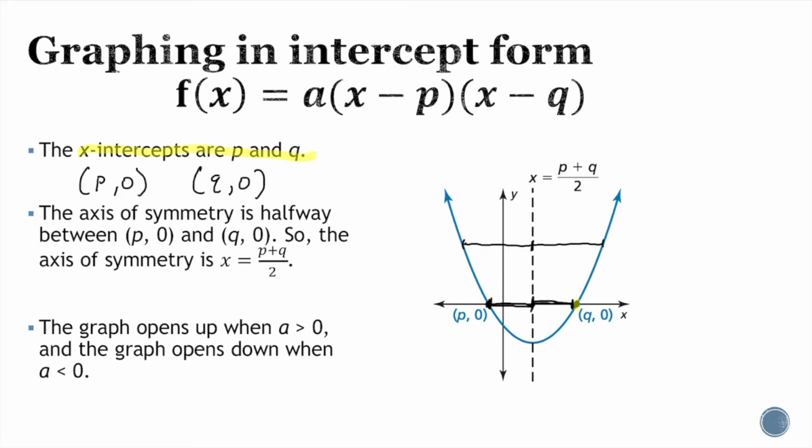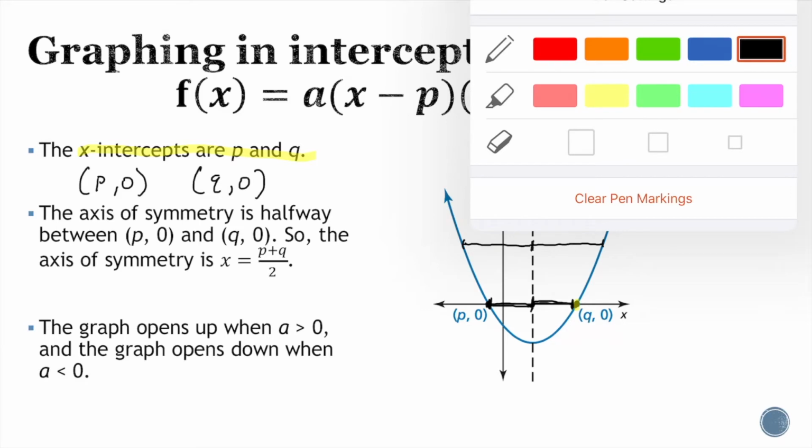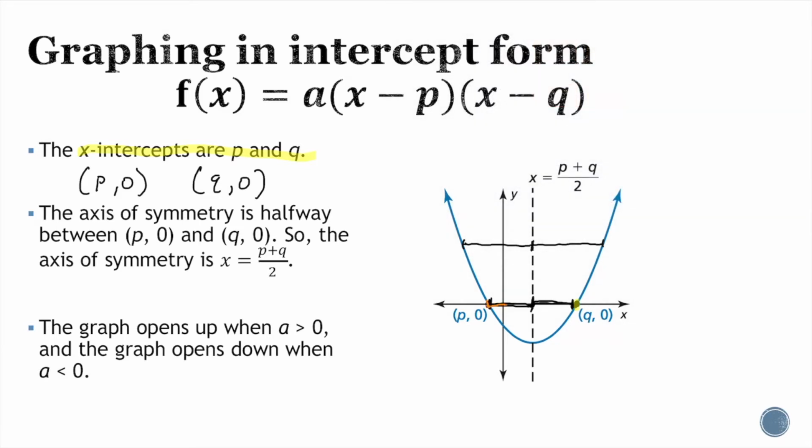Now, if we're not given the axis of symmetry, we need to calculate it. In order to do that, we need to divide the total distance by 2. So we divide this whole distance by 2 so we can cut it in half to get my axis of symmetry. You see the equation here and here. This is how I'm going to calculate the axis of symmetry.